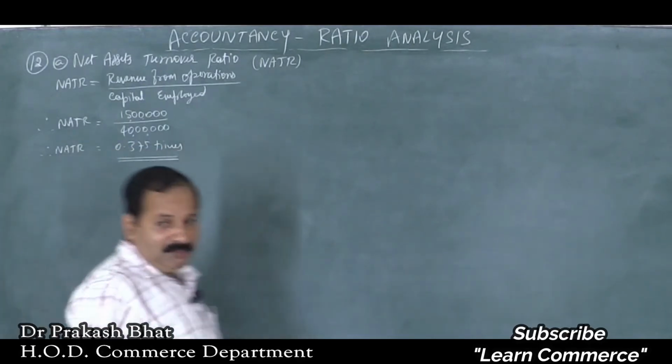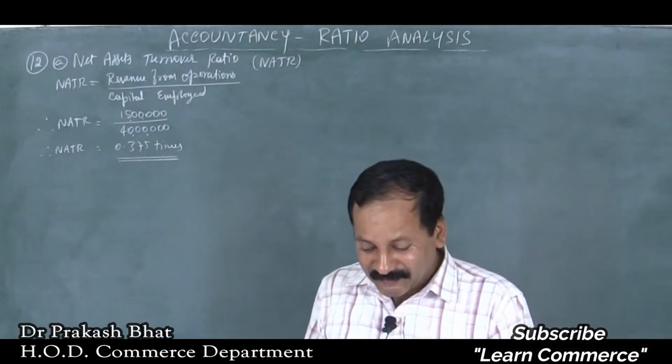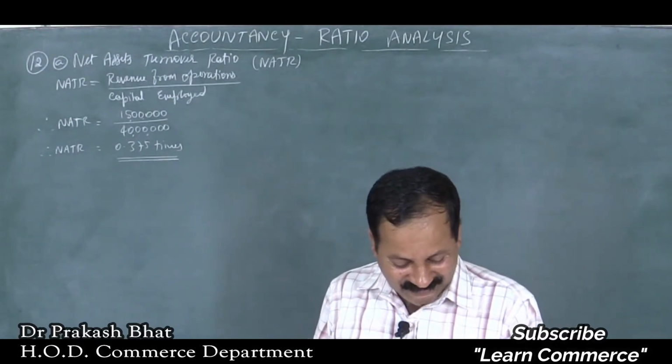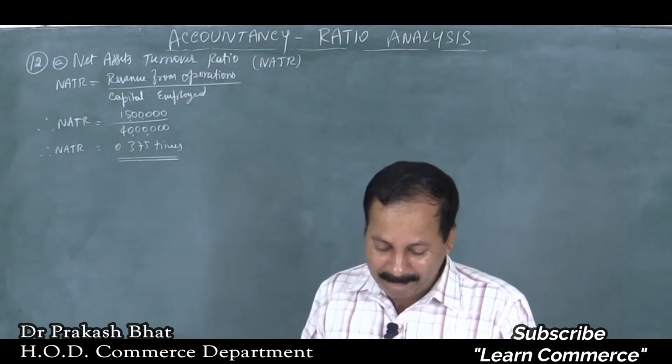But in your question bank, something else is given as the answer. 36.59 times it is given. I don't know how they got this answer. Whatever it is, I will solve in a proper way.